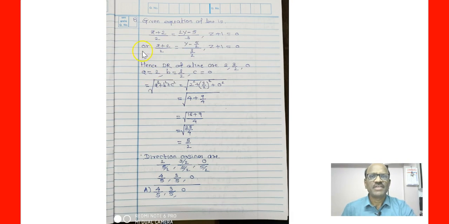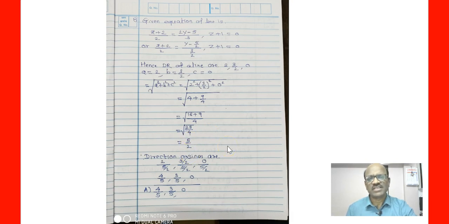Therefore the value of A is 2, the value of B is 3 by 2, and the value of C is 0. Therefore the square root of A square plus B square plus C square is 2 square plus (3 by 2) square plus 0 square, and after simplification you get 25 upon 4, and that is equal to 5 by 2.